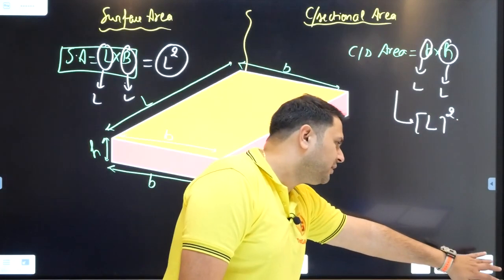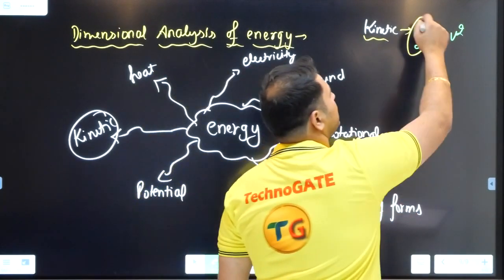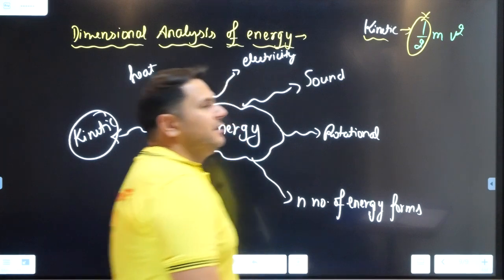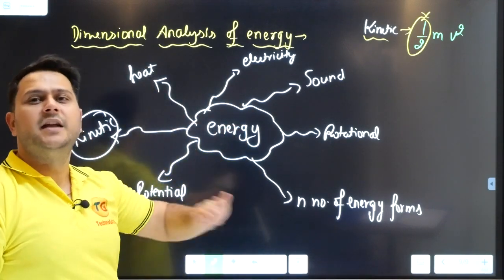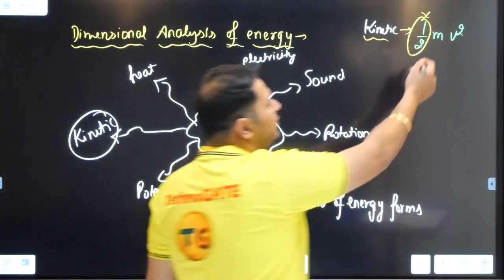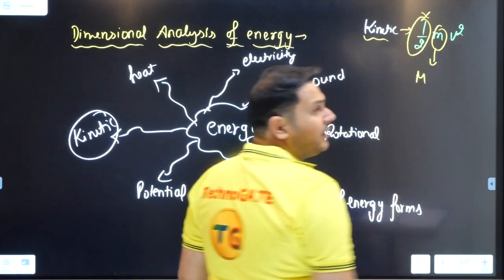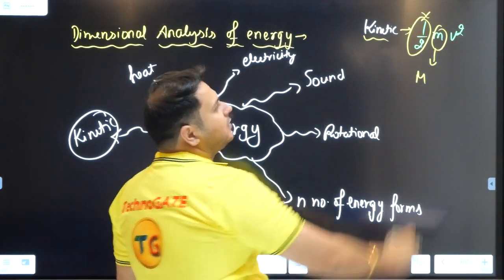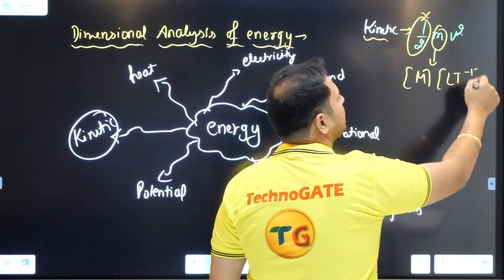So why did I mention this? When I say kinetic energy, this half is not going to have any dimensional analysis, right? So how is it going to be? For m, we will write m. For v, what is the value of v? V is your speed or velocity. This is going to be LT minus 1.